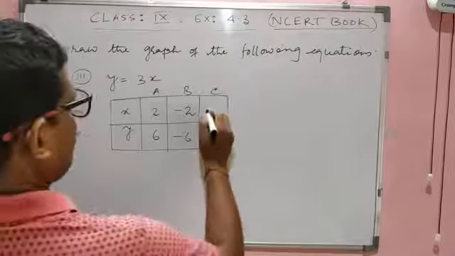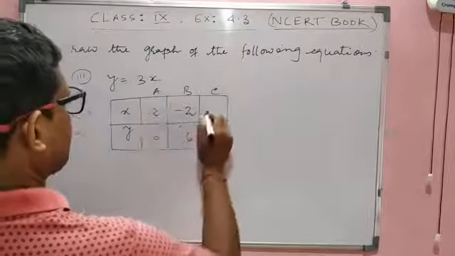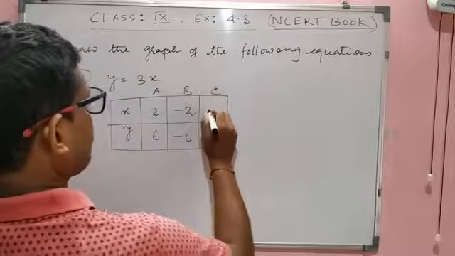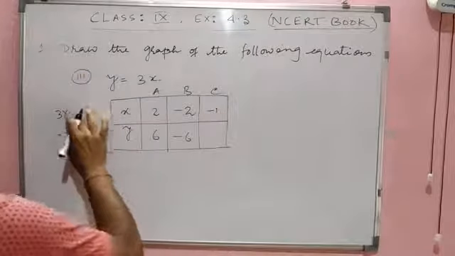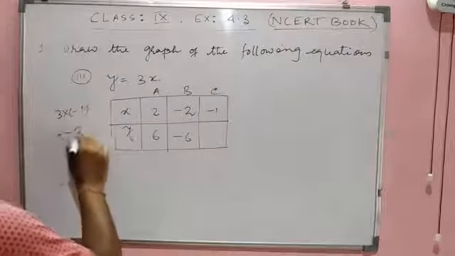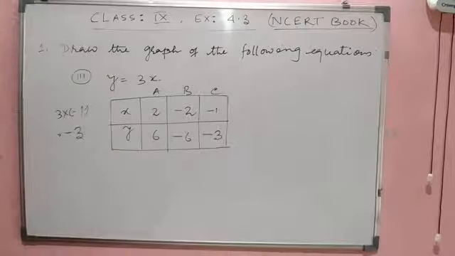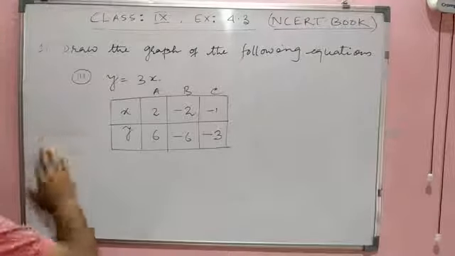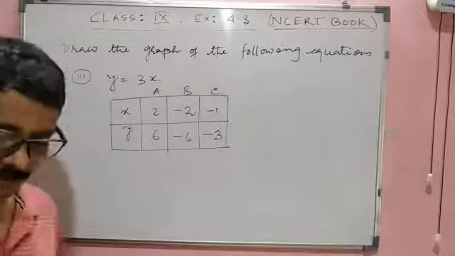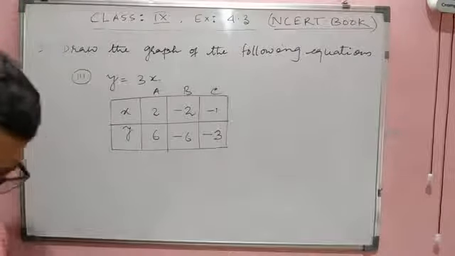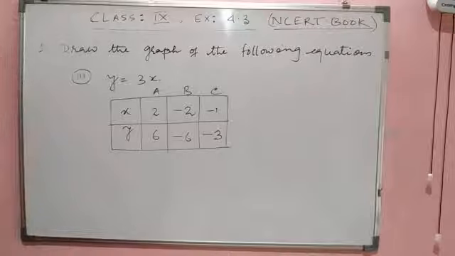Suppose the value of x is minus 1. So it will be minus 3. So these are the 3 pairs of solutions. Again you try to draw the graph of this equation. Definitely you can draw the graph.